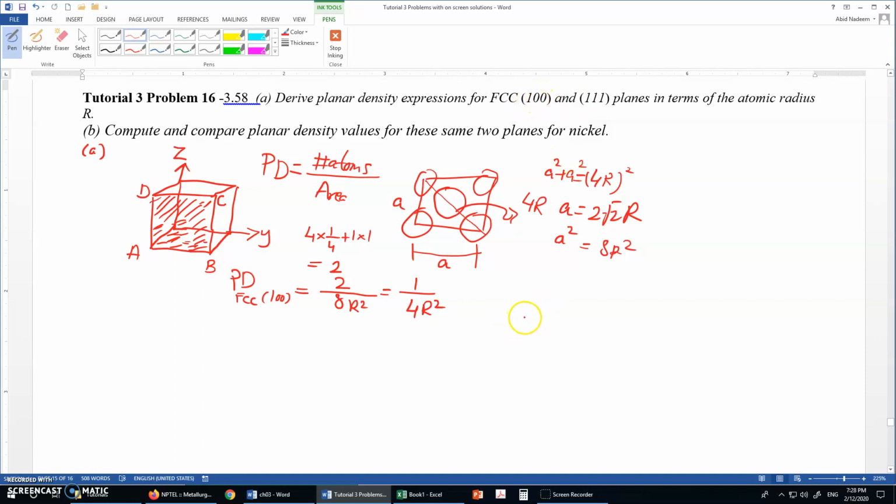How about the 111 plane? Again I can draw this FCC unit cell, and draw these coordinate axes.